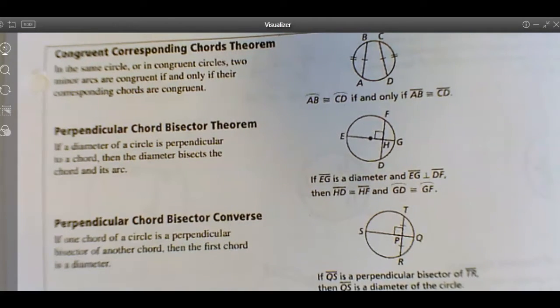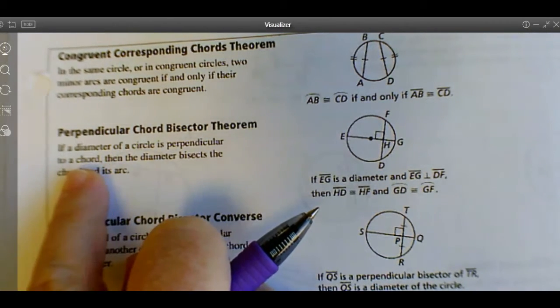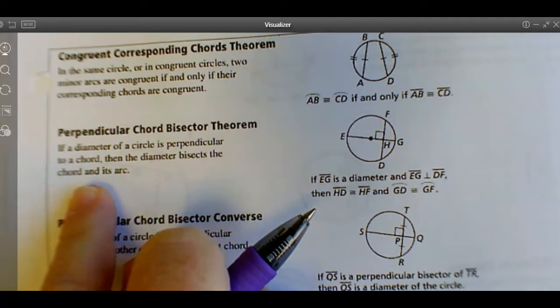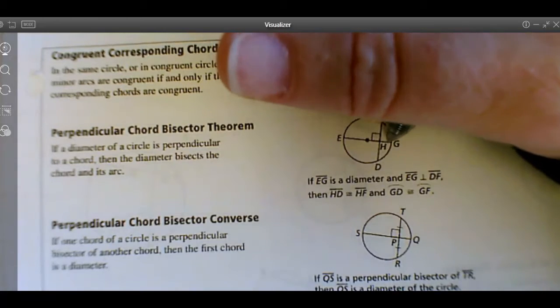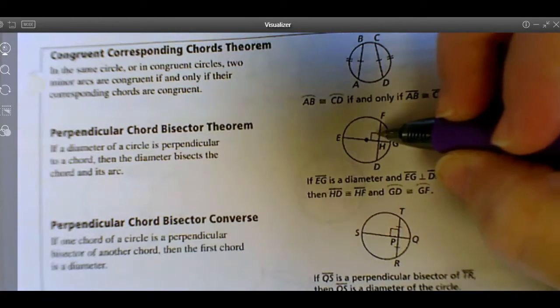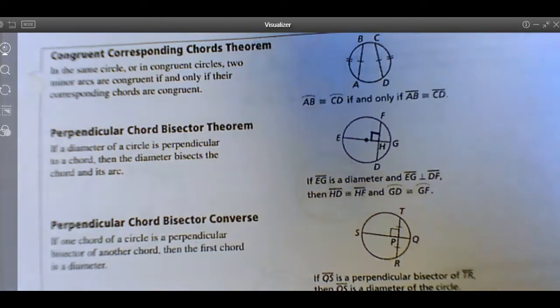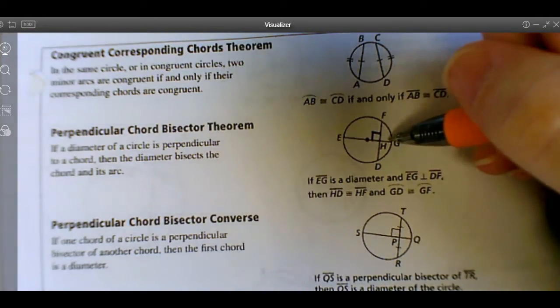The next one says, if a diameter of a circle is perpendicular to a chord, then the diameter bisects the chord and its arc. Okay, here's the diameter, and here's a chord. If that chord is perpendicular, and it'll either tell you perpendicular or you'll see that little box, then this diameter bisects the chord.